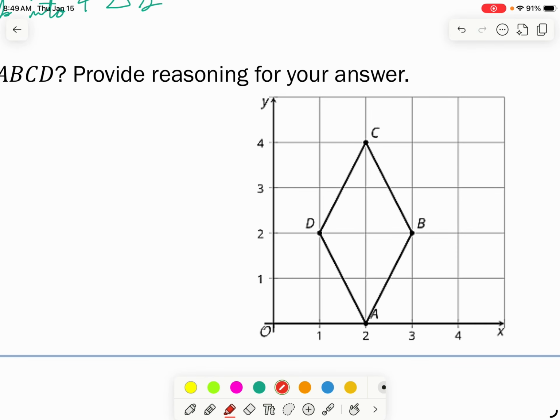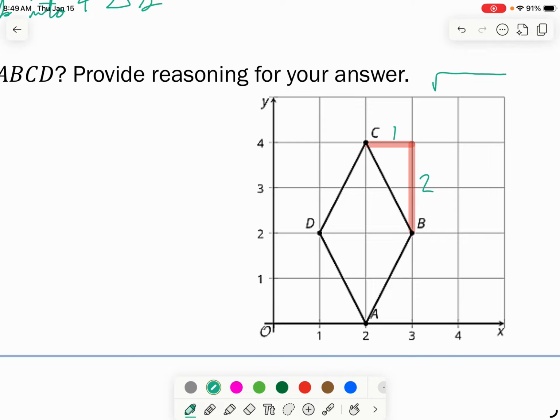If I look at this, I know that I've got a length here and a length here. This goes over 1 and down 2. So if I were to use the Pythagorean theorem to get my third side, I could do that. I could use what's also called the distance formula to do it, but ultimately that distance formula is the Pythagorean theorem.